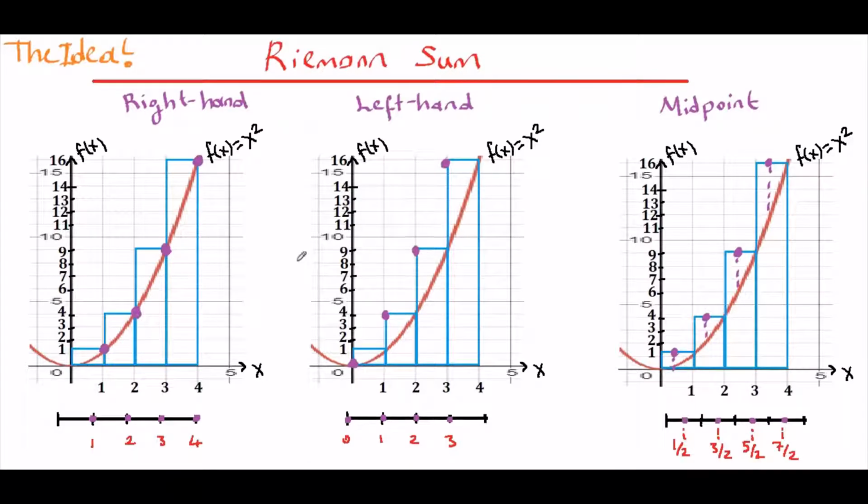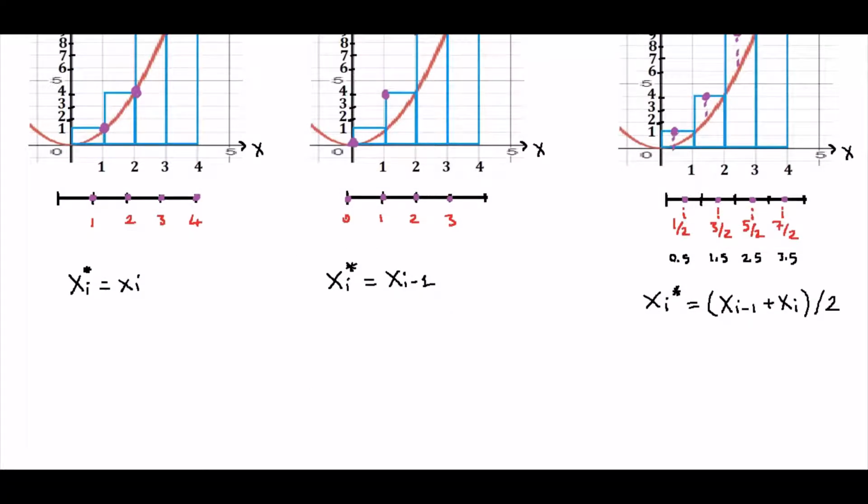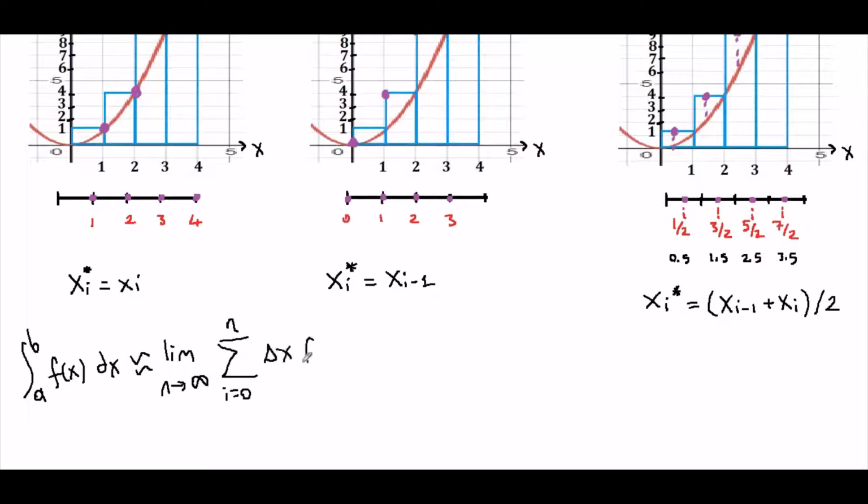Now let's see how we use right hand. Our definite integral from a to b, lower boundary and upper boundary of f of x dx is approximately limit as n is approaching infinity, summation of the areas of all rectangles, which is i starting from 0 to n, delta x times f of x i.